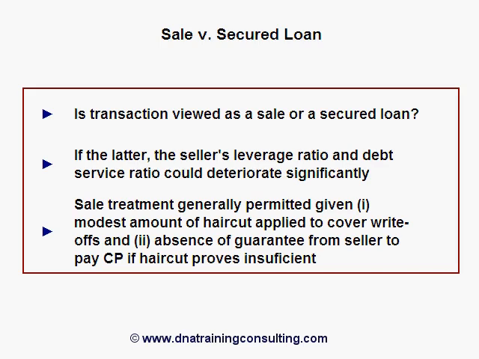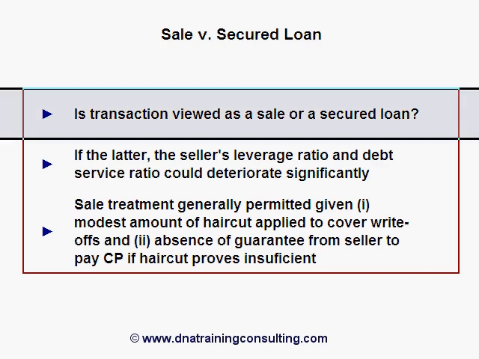The first accounting question is whether the seller can account for the transaction from the perspective of its balance sheet as a simple sale of assets, or rather as some sort of secured loan.